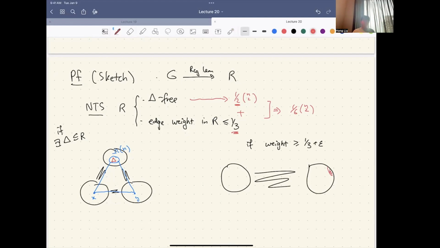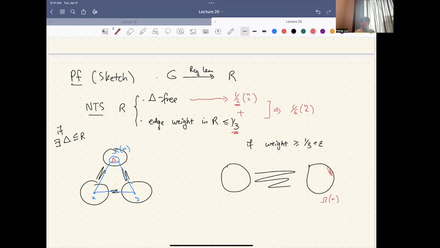Atypical means its degree to the other side is not around the density of this reduced pair. So you throw those away. These are little o(n) vertices. The remaining vertices, they are typical, and obviously there are linear number of vertices in this cluster.